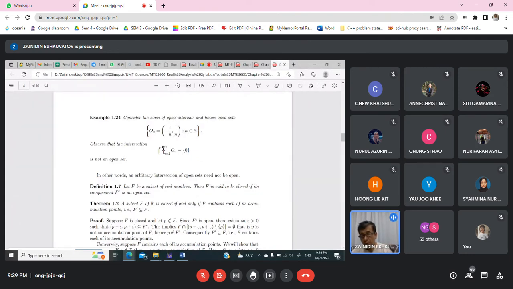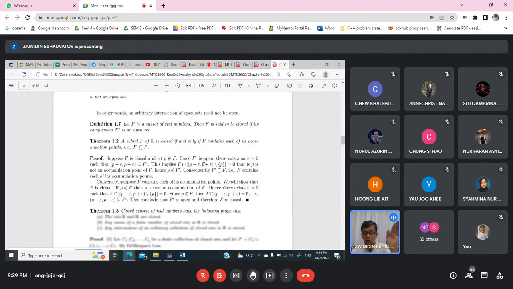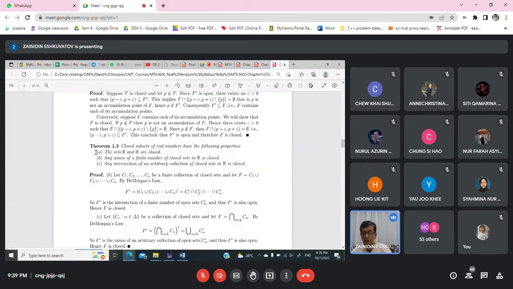If I put some finite number instead of infinity, let's say 100, from 1 up to 100, then this is an open set. The intersection of a finite number of open sets is an open set, but an infinite one is not open, because one point is an isolated point. So okay, please do the exercise, and this theorem also plays an important role.